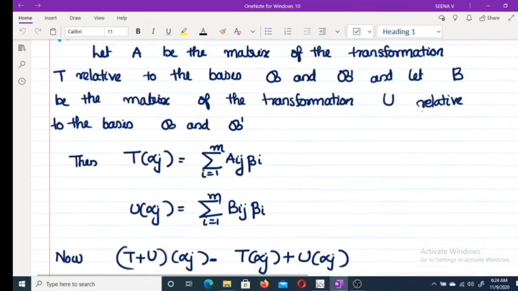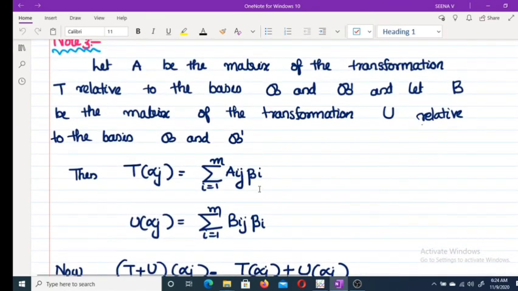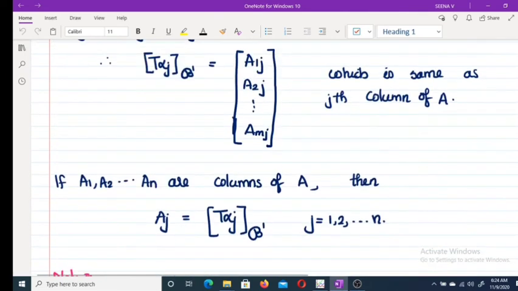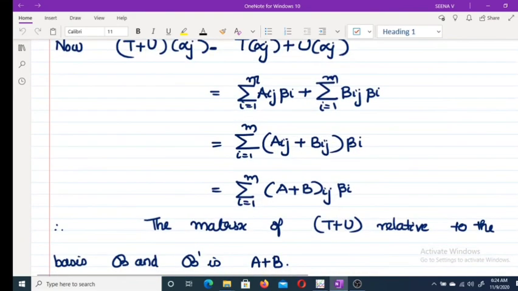If T of alpha j is equal to this one, then the matrix of T related to the bases B and B dash is A. Now here we get T plus U of alpha j is equal to this one. That means the matrix of T plus U related to the bases B and B dash is equal to A plus B.